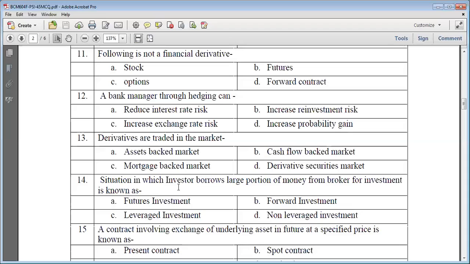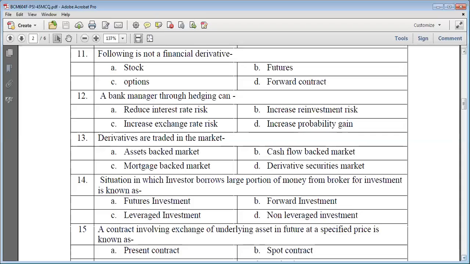Leveraged investment is made when a portion is borrowed and a portion is collected from own source. In case of non-leveraged, only own source money is taken into consideration. Therefore, when a large portion of money is borrowed, it becomes a leveraged investment. So option C is the correct answer for 14.